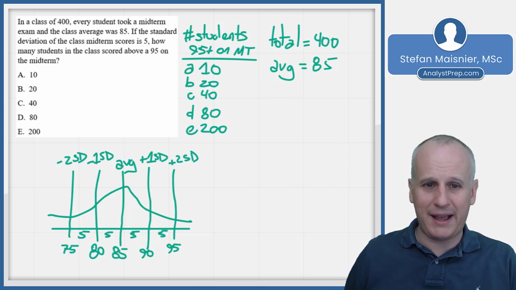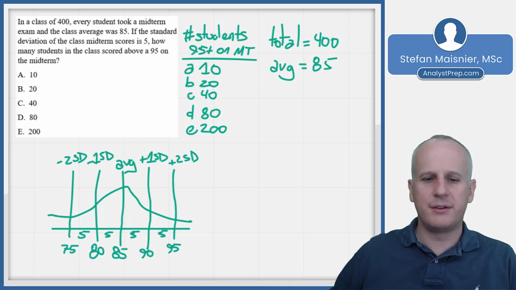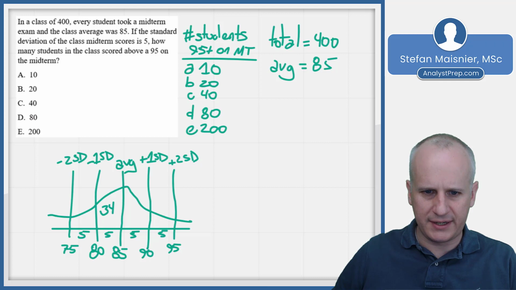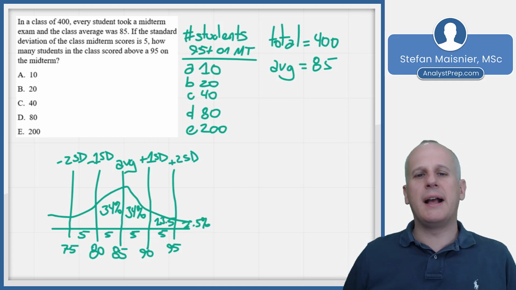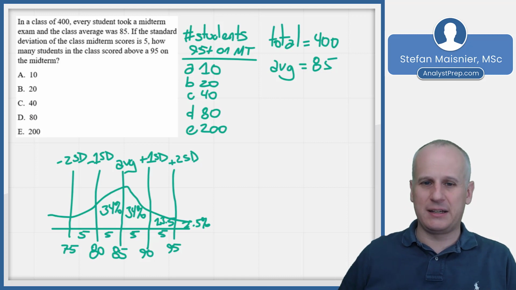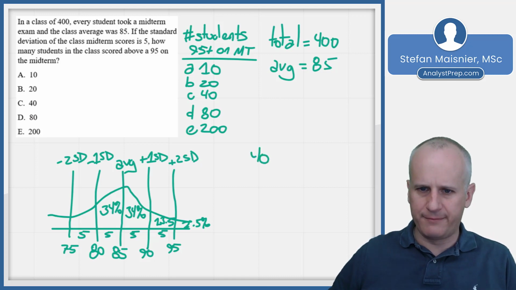And if we recall back to our percentages, there's going to be 34% here. We're going to have 34% here. We're going to have our 13.5% here and a 2.5% here. And so now we've just got to take our 400 and find 0.25 of that.